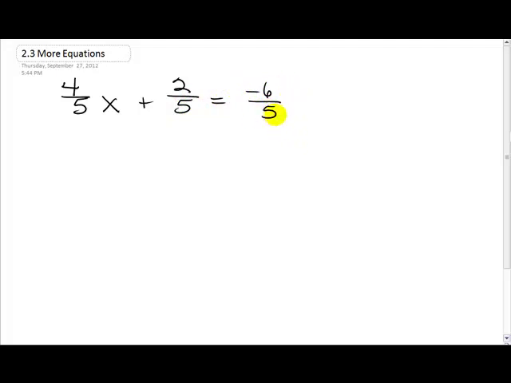What I want to do here is I can work with the fraction, or I could get rid of it. And that's what I want to do, is I want to eliminate the denominator.